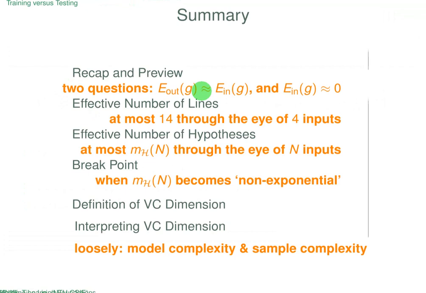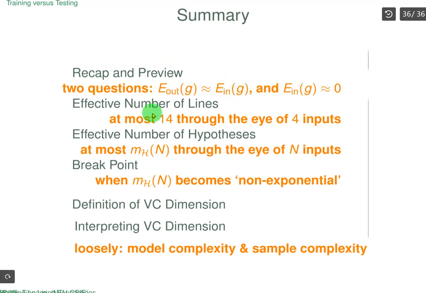Let's summarize this lecture. First, we introduced two central questions: can we make sure out-of-sample error approximates in-sample error, or vice versa? And the second question: can we make sure in-sample error is small, approximates 0? Then we asked about the relationship of M, the total number of hypotheses, in answering these two questions.